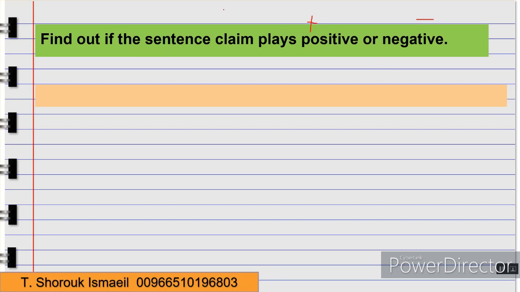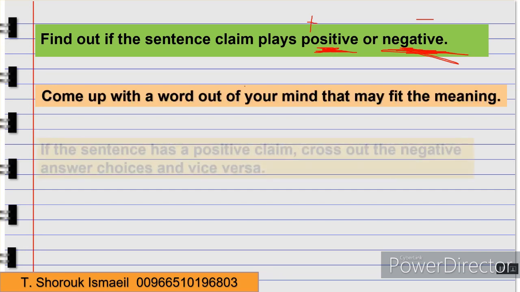If it has a positive tone and I have an answer choice that gives me a negative tone, I need to cross this answer choice right away. But if it has a negative tone and I have an answer choice that gives me a positive tone, I'm going to eliminate it right away. Why? Because I'm looking for the same tone. So this will serve me a lot when it comes to vocabulary in context questions.